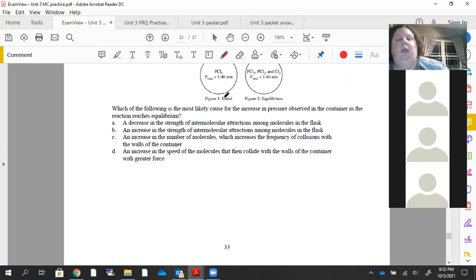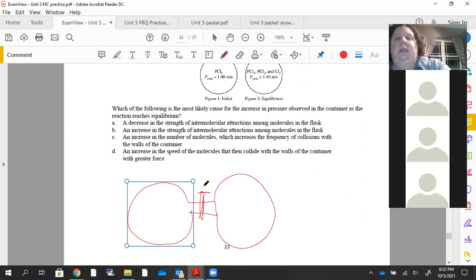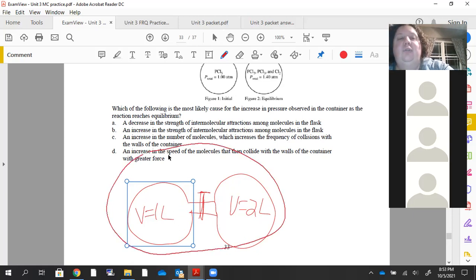Give me some space. Anytime you've got a big container here that's connected with a valve to another big container, let's say the volume of this is 1 liter and the volume of this is 2 liters, right? If I open this valve between these two containers, or I take something out so that those two containers are now open to each other, I now have a new volume.